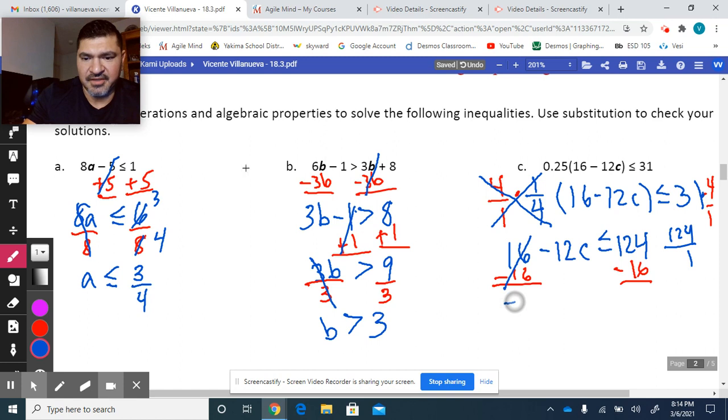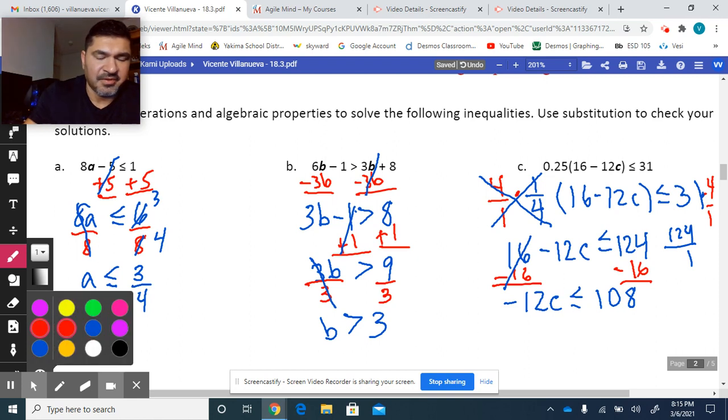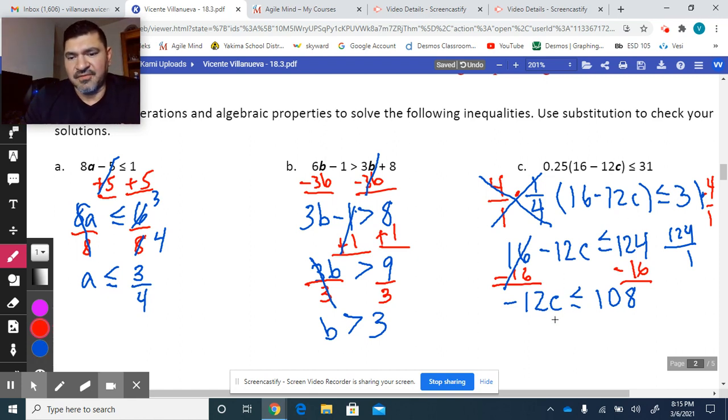I'm left with negative 12c is less than or equal to 124 minus 16 is 108. Okay, now be thinking of the next step here. Here's our variable, and we've got multiply by negative 12. How do we get rid of multiply negative 12? By dividing by negative 12.